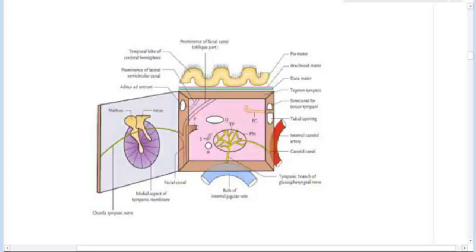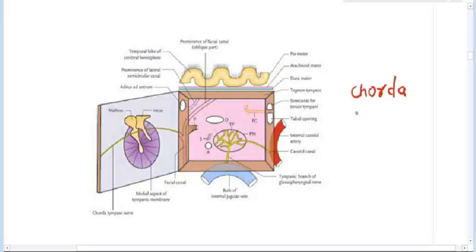This is the anterior wall, this is the floor of the middle ear cavity, this is the roof, and this is the posterior wall. We have 2 nerves which have the term tympani in them, and we need to understand one is on the lateral wall, the other is on the medial wall.